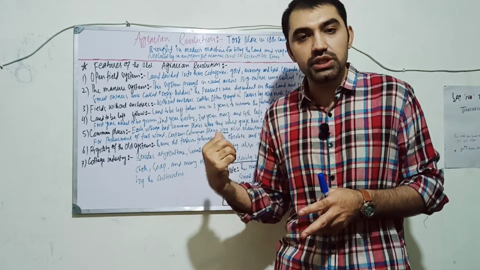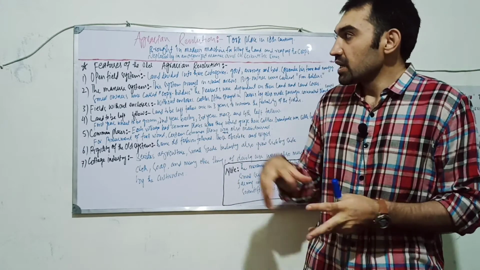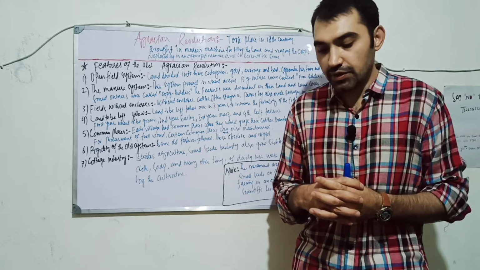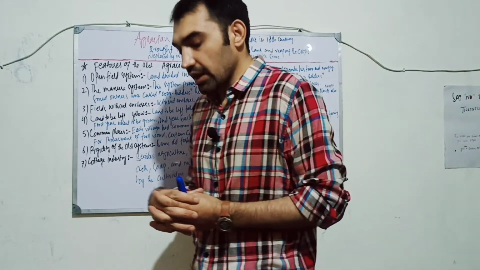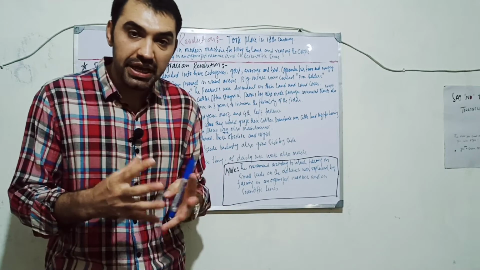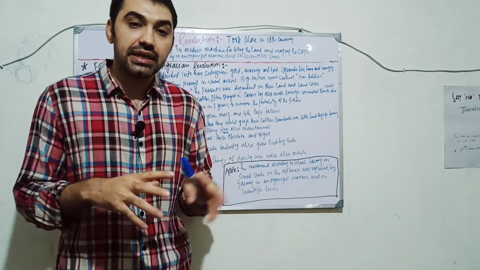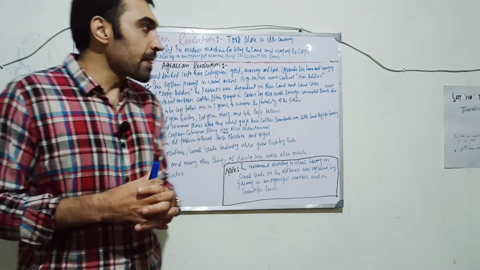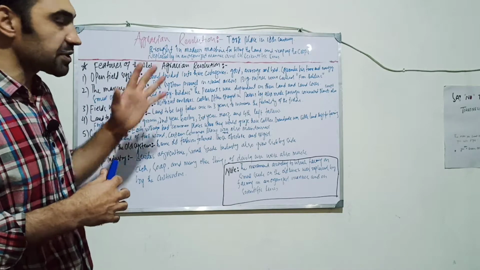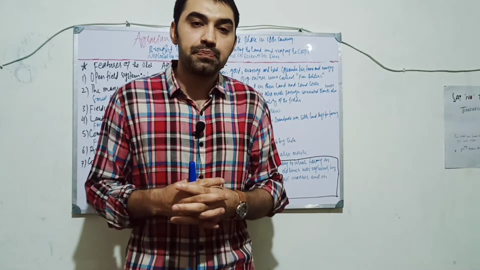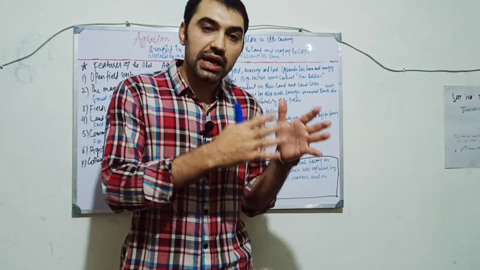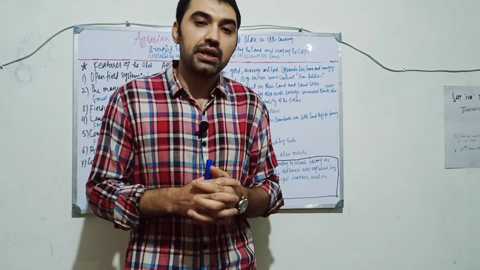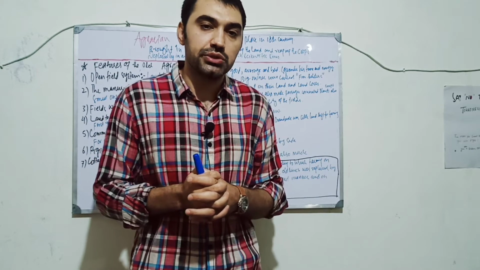When this revolution took place in the 18th century, agriculture was completely revolutionized, with an organized mechanism taking advantage of modern scientific technologies. So the replacement of the old system by new scientific lines and mechanisms is known as the agrarian revolution.